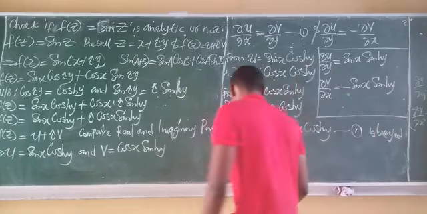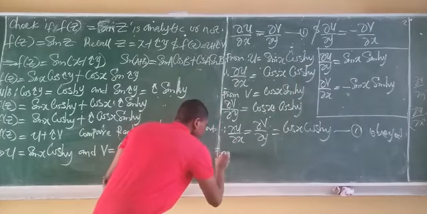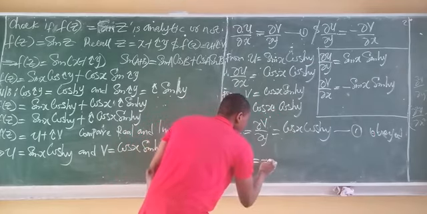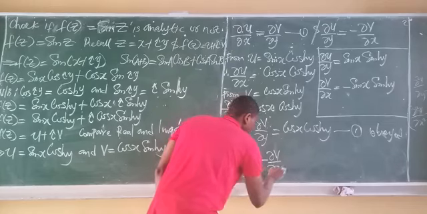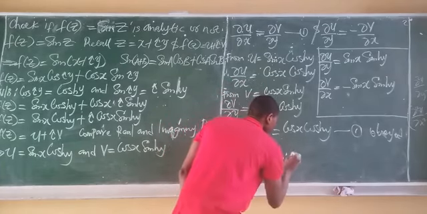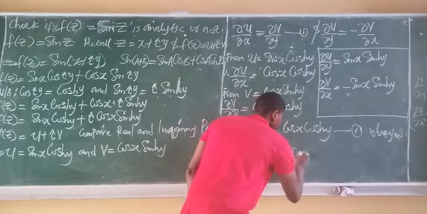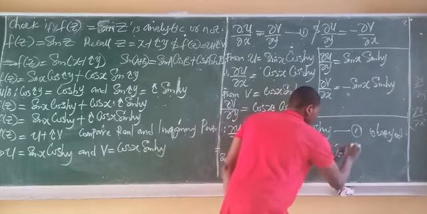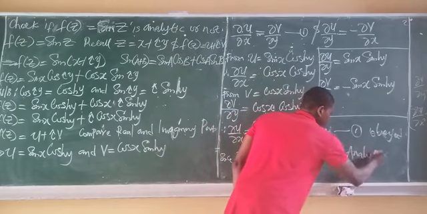So since partial u partial y is equal to minus partial v partial x, it means that the function f of z equals sine z is analytic.